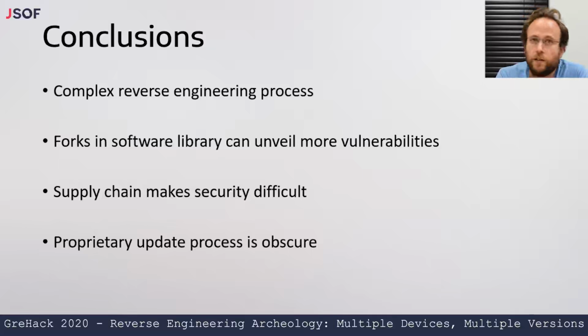Supply chain makes security extremely difficult for everybody involved in the supply chain, and we need new ways to communicate and new ways to deal with these issues. And we learned that the proprietary update process is extremely obscure. Nobody knows exactly how this is supposed to work, and nobody knows exactly how this does work. Oftentimes, it works differently for every vendor and for every case.